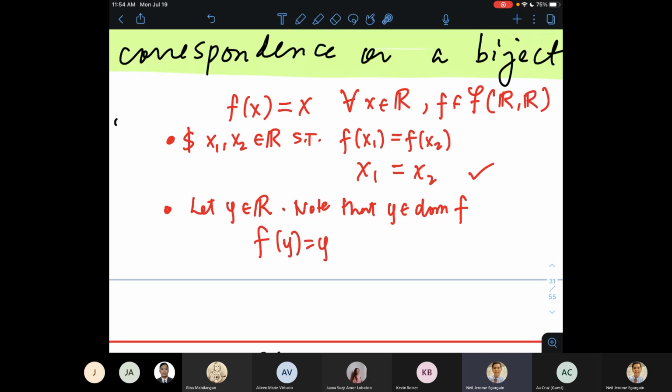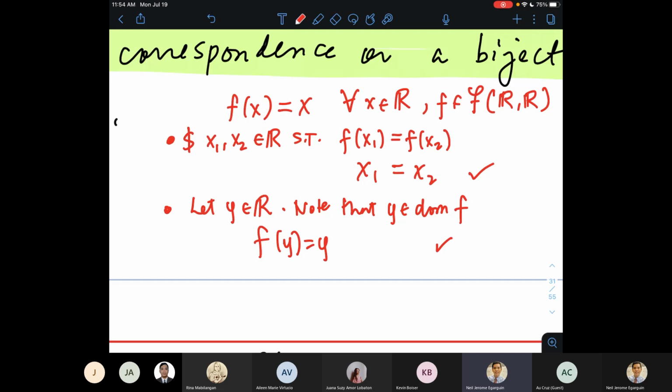So if I take any arbitrary element of the codomain, I can find a pre-image for it, an element of the domain whose function value under f is equal to y. So that shows that the identity map f of x equals x is a bijection, because it is both monic and epic.